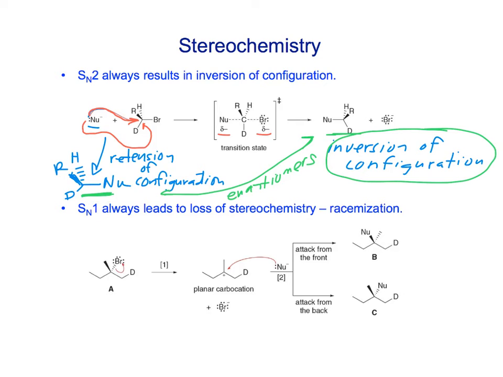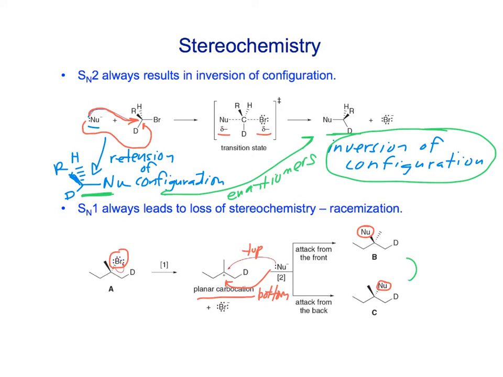For the SN1 mechanism, because the first step involves loss of the leaving group to form this carbocation, and remember carbocations are just planar, the nucleophile can come either in from the top or from the bottom. And this gives us two different products. Here's the nucleophile on top with a wedged bond. Here's the nucleophile on the back.